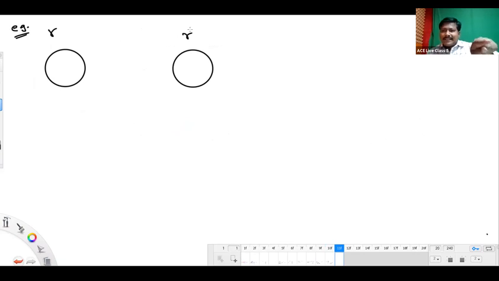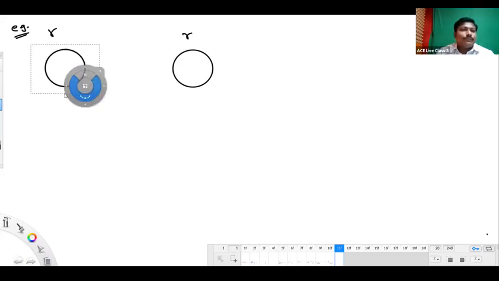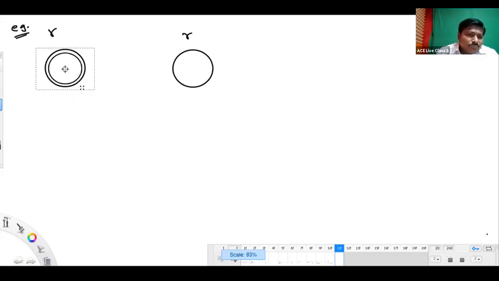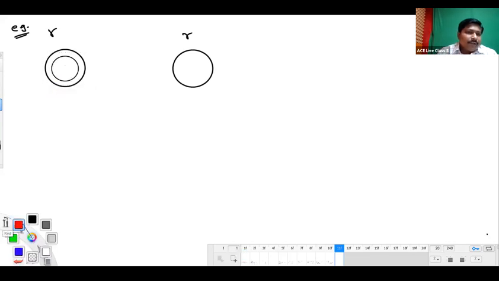In the first case, I will show some portion. Second case also, I will show some portion. My question is, which portion among the two is going to be called as GMR? First, let me show it. I am showing the first portion, something like this.